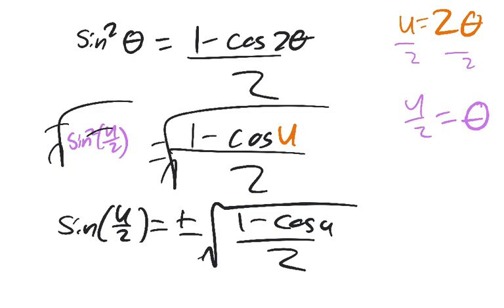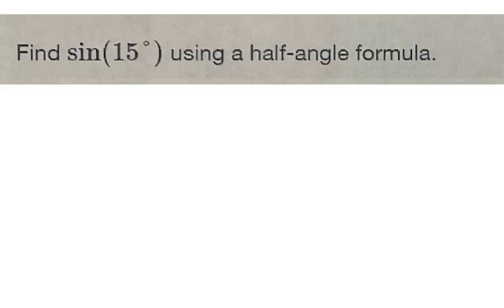And so this process of finding the formula, you won't have to do, but now we can use it. I'm not going to do it for the other two, but we could also do it for cosine. We could also do it for tangent, right? Just use the same process, doing a U substitution. So this tells me to find sine of 15 using a half angle formula.